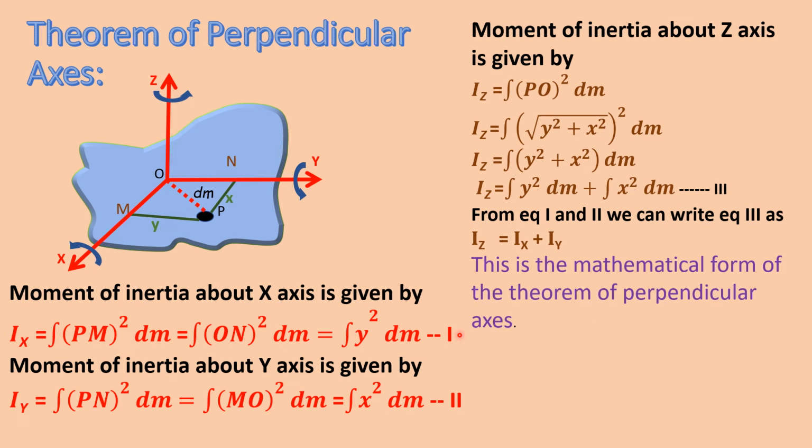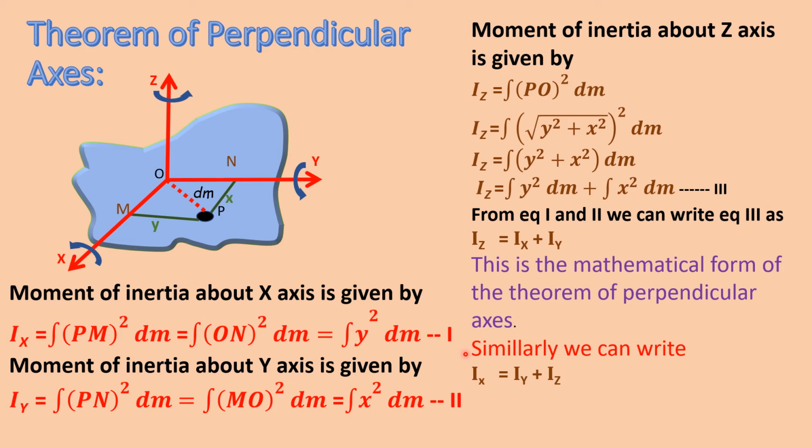Similarly, we can calculate the value of Iy or Ix. That is, Ix is equal to Iy plus Iz. Here, the y-axis and the z-axis make a plane, and Ix is the moment of inertia about the perpendicular axis x.